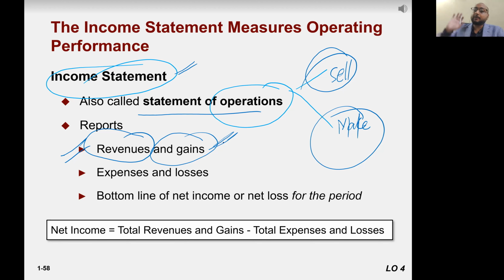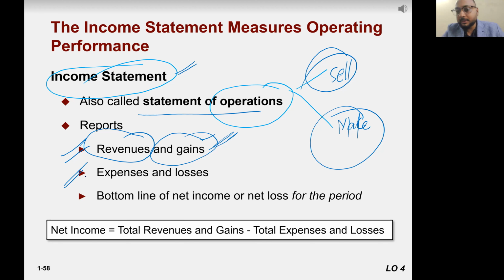Or if a company has extra money, invests in the stock market, receives dividends or interest income, or buys shares for a short period and sells at a higher price, we call this a gain. These are not day-to-day transactions.